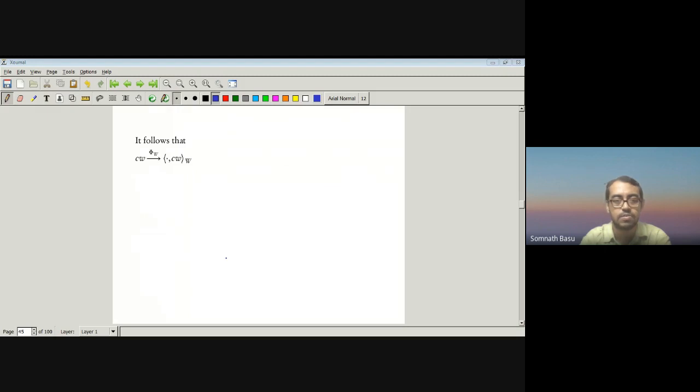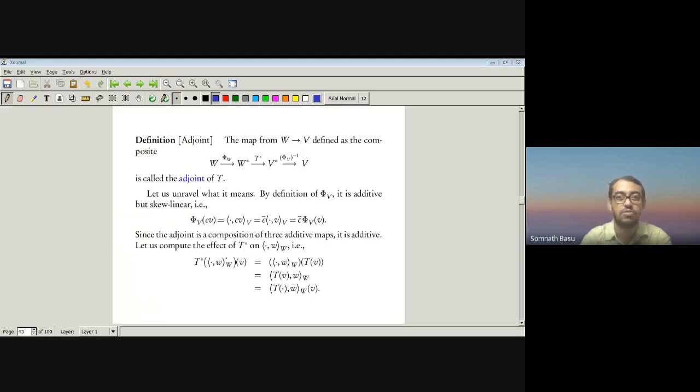So what I'm trying to do is the following. Remember, if you just think of this map, what does it do? What is phi of w? Phi of w is the map that sends v to the inner product with w, correct? Now what does T star do? This is what you're trying to compute, applying T star.